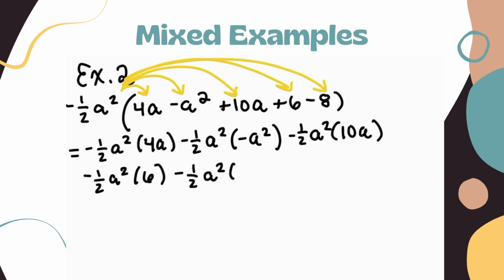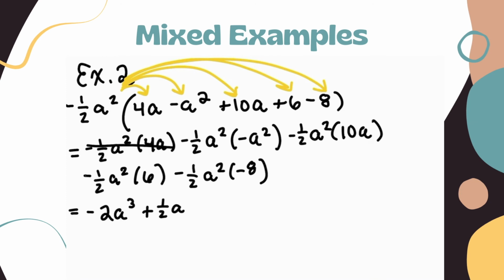And so we get negative 1/2 a squared times 4a. So I'm focusing on the numbers. Negative 1/2 times 4 is negative 2. And then I look at my variables. A squared times a is a to the 2 plus 1, or a cubed. Then I have negative 1/2 a squared times negative a squared.